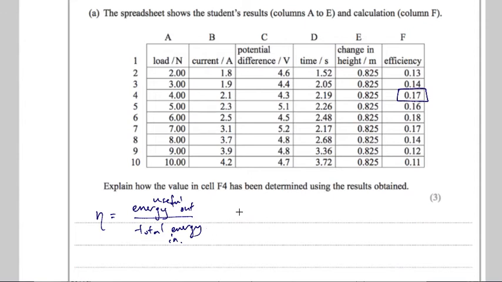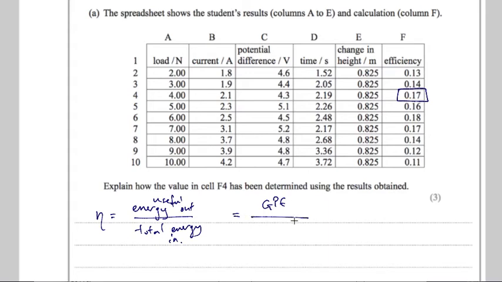So if we've got a change in height, the useful energy out is going to be a change in gravitational potential energy, particularly if we start it stationary and after we've raised it to a certain height we stop it. So it's not moving anymore, we're not going to have any kinetic energy, so really it's only the gravitational potential energy.